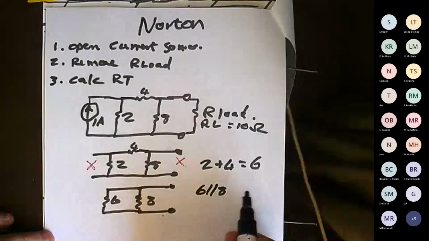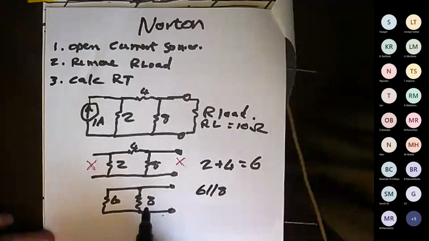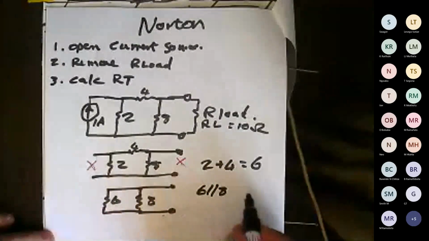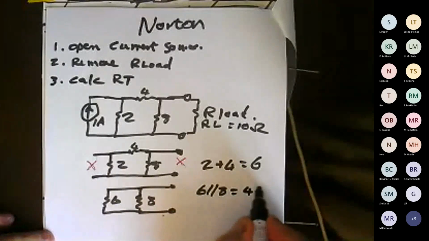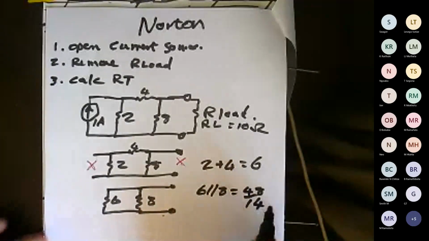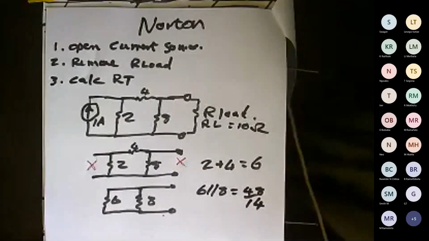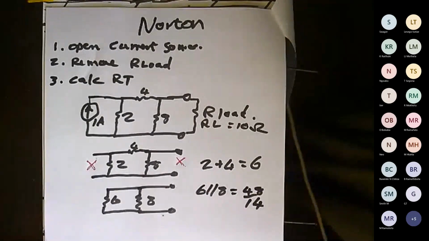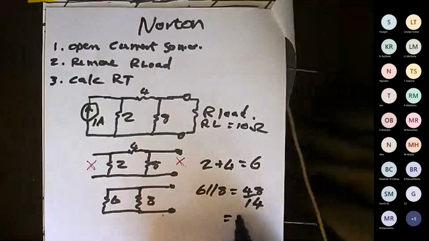It's 48 divided by 14. That is 48 divided by 14. And if we divide that, we get the answer, and it's 3.43. That is 3.43 ohm.